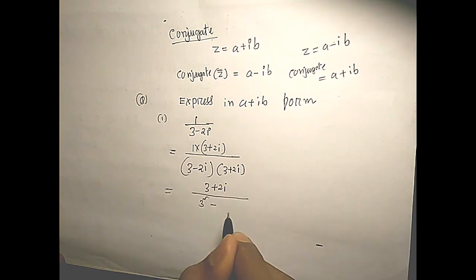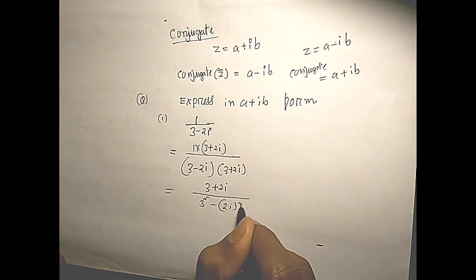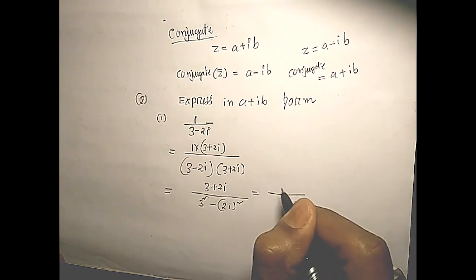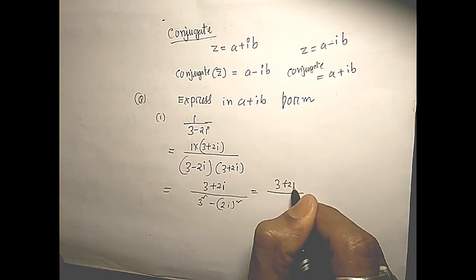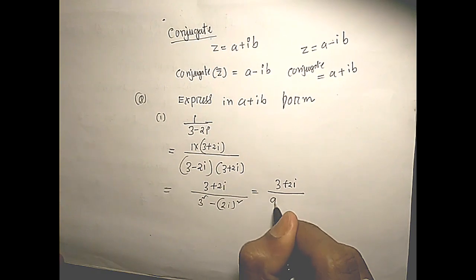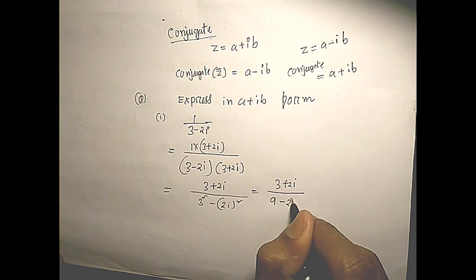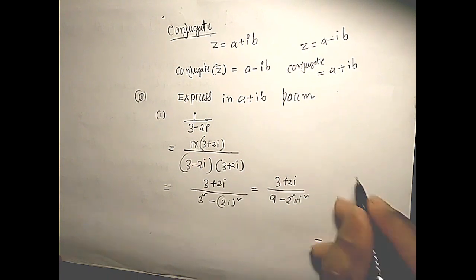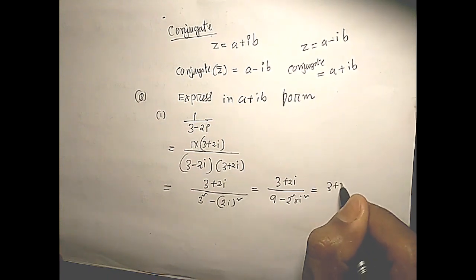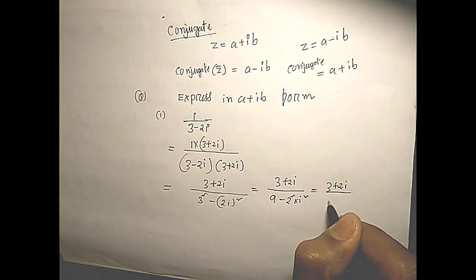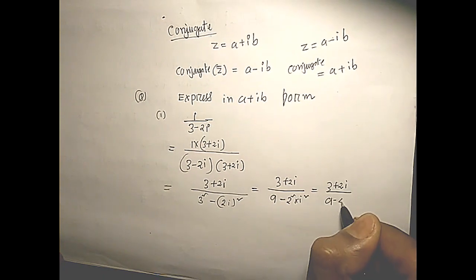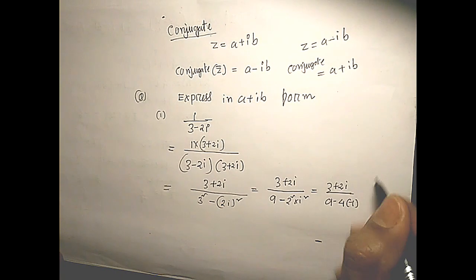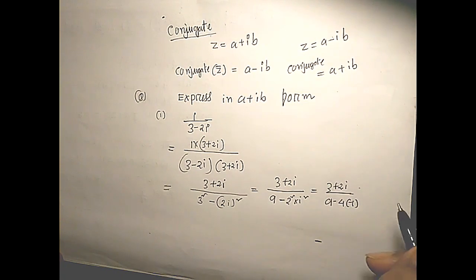So in the denominator it is a square minus b square: 3 square minus 2i whole square, that is 9 minus 2 square into i square. 9 minus 4 i square, and i square means minus 1, because we know that i equals root over minus 1.